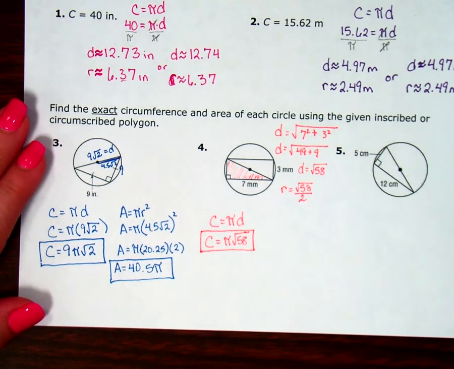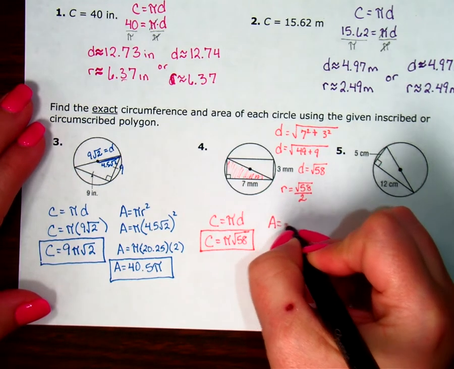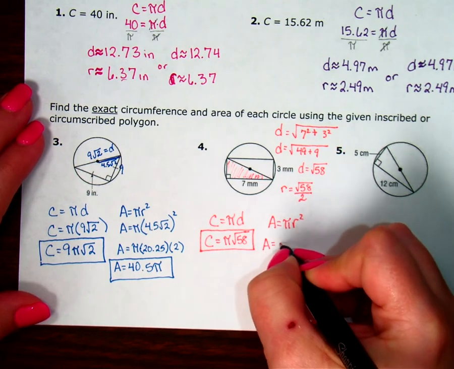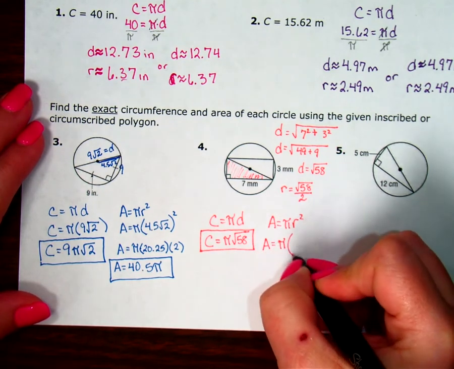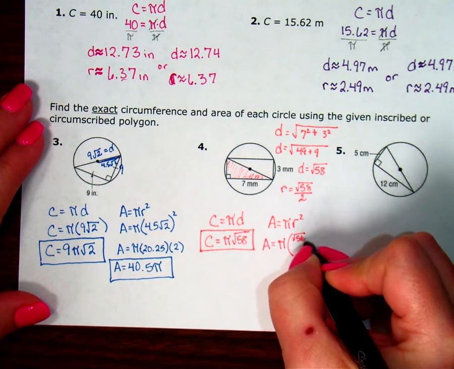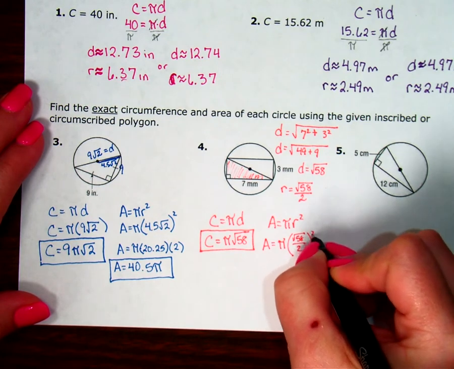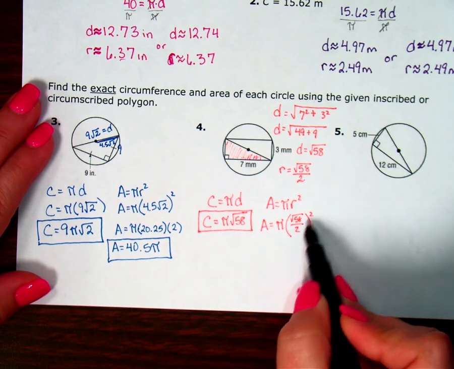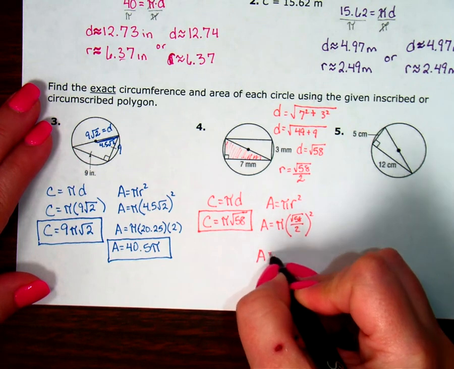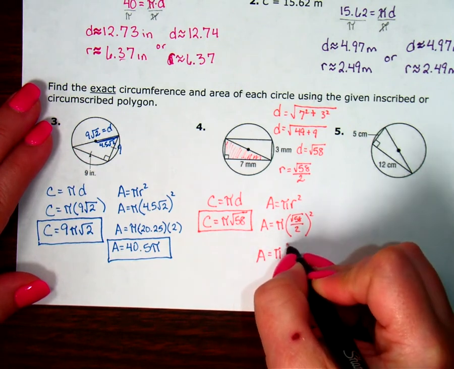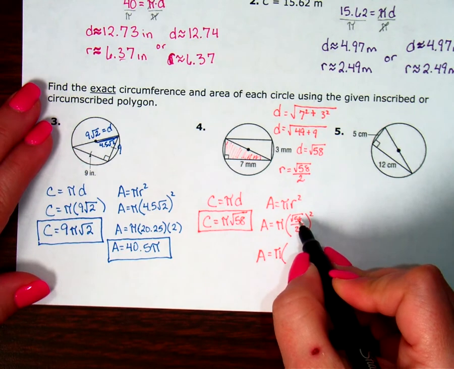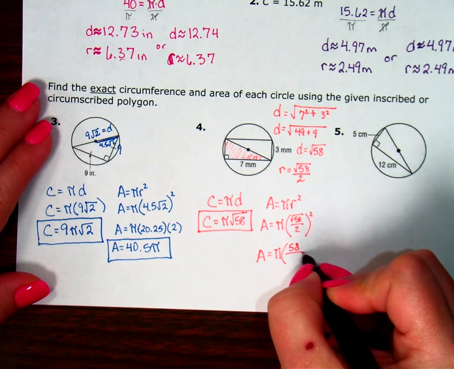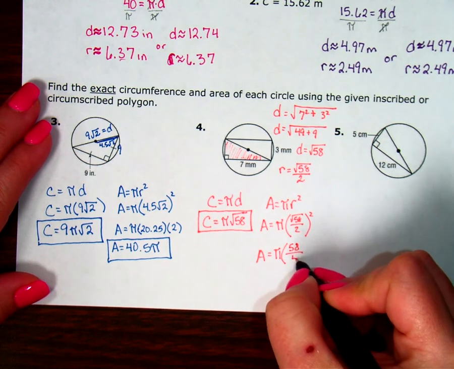My area equals pi r squared. So my area equals pi times the square root of 58 squared over 2 squared. So again, the 2 has to square both of those numbers. I'm going to end up with pi times 58, because the square root of 58 squared is just 58, since square roots and squares cancel out. 2 squared is 4.